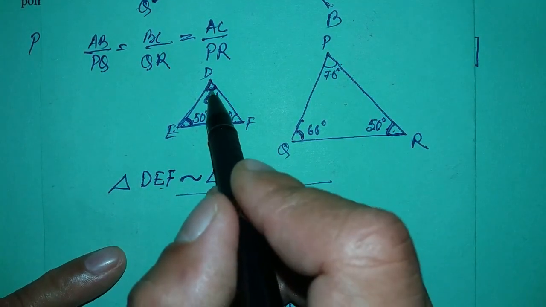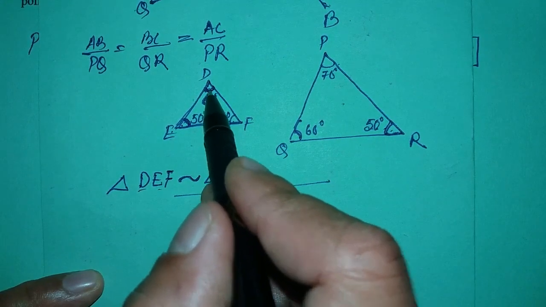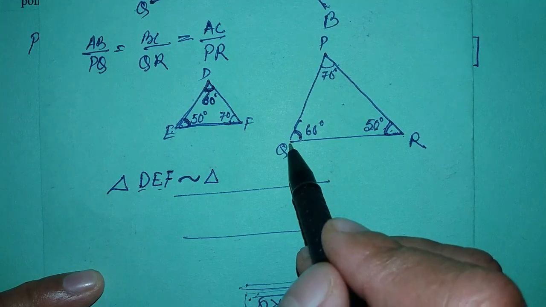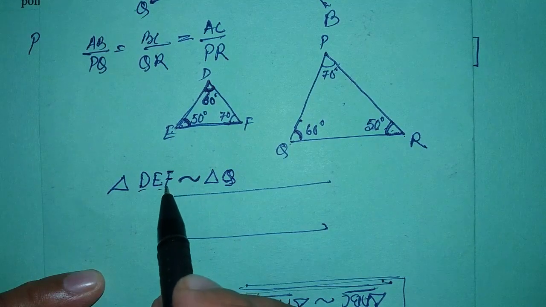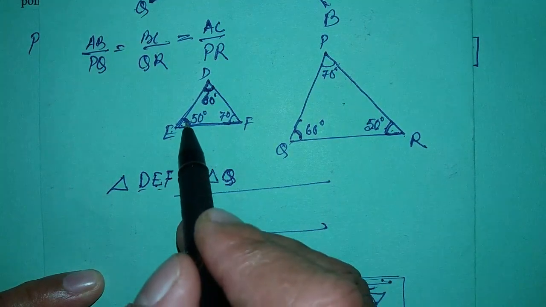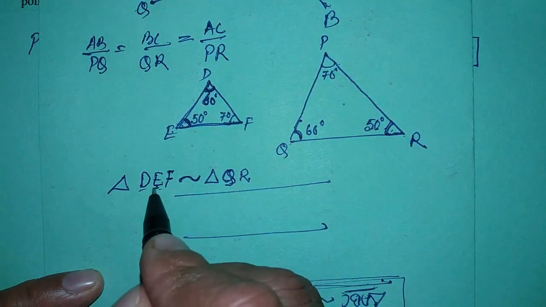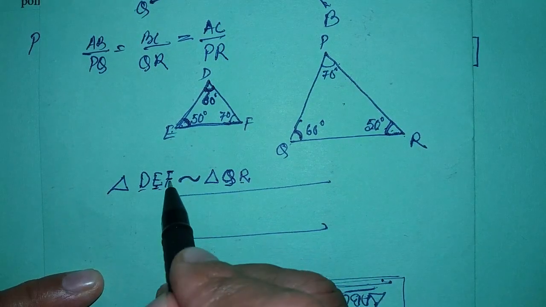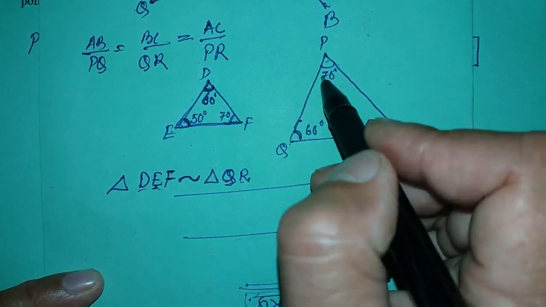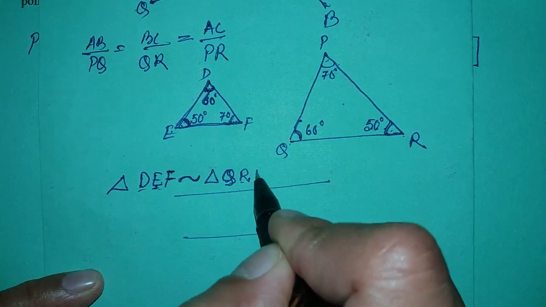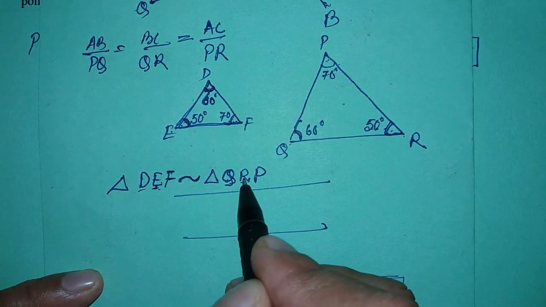You start with D, and the corresponding part of D is Q, so you start with Q. The corresponding part of E is R, so you write R. The corresponding part of F is P, because these two are 70 and 70, so you write P. So you say triangle DEF is similar to triangle QRP.